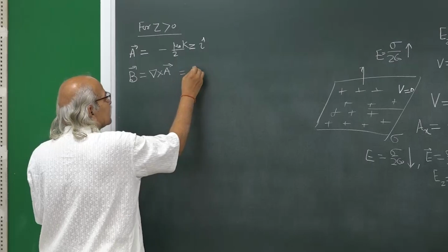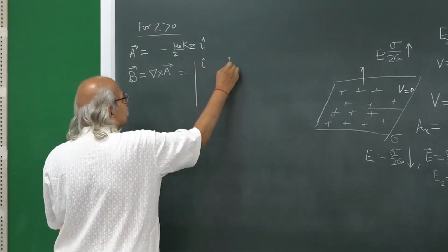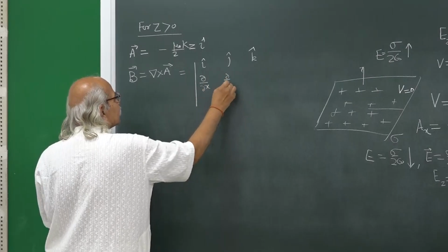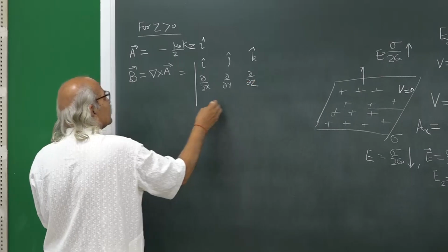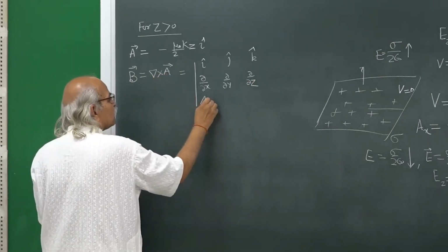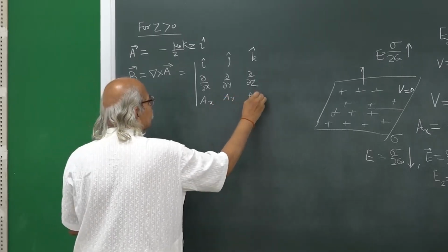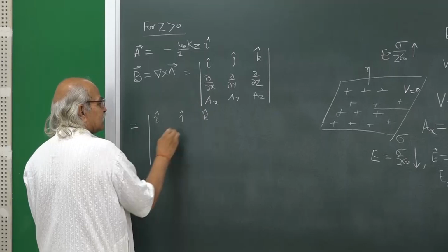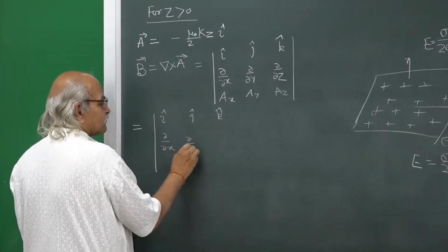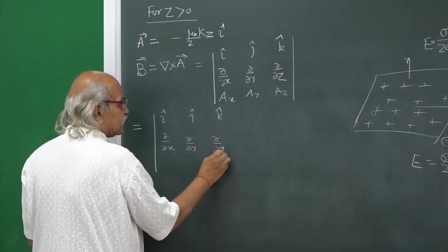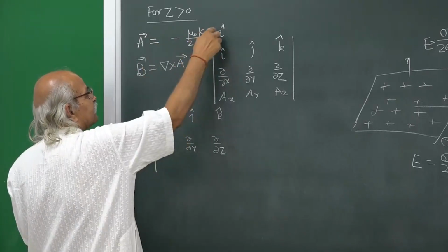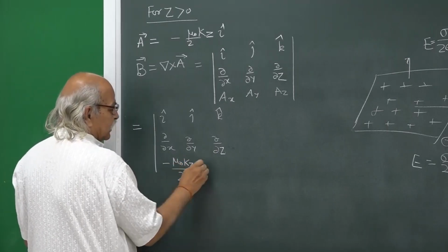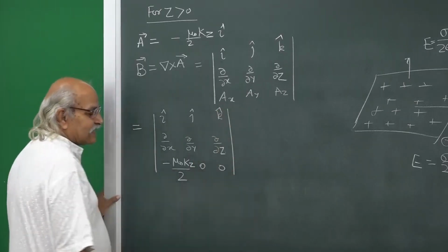For getting this curl, you can write the determinant: i cap, j cap, k cap, then del x, del y and del z, and then the x component, y component and z component of A. In our case, the x component of A is minus mu naught k z by 2, and then the y component and the z component.